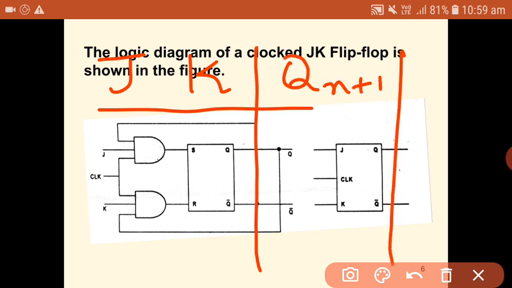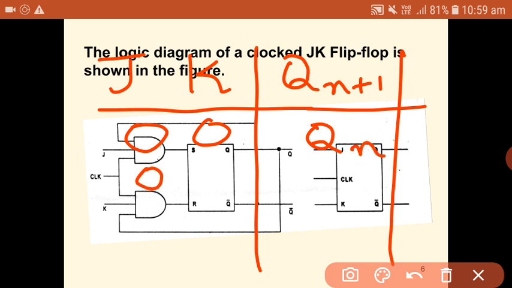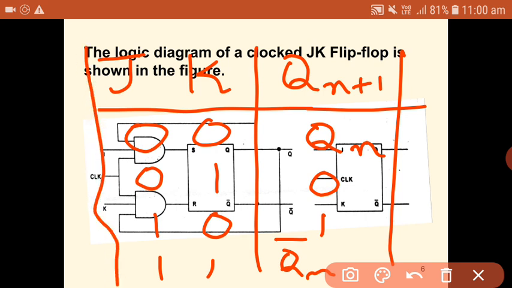For J is equal to 0 and K is equal to 0, the present output will be equal to the previous output. For the 0 1 combination you will be getting 0, that is reset. For the 1 0 combination you will be getting set, and for the 1 1 combination you will be getting Qn bar. So this is the overall truth table of the JK flip flop.